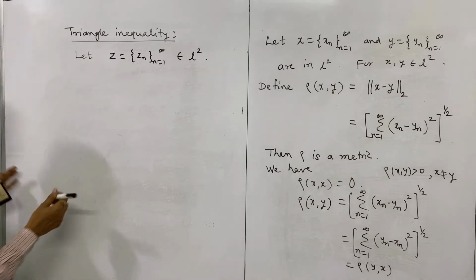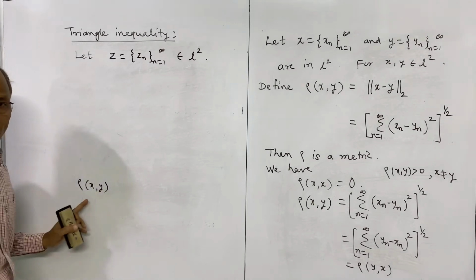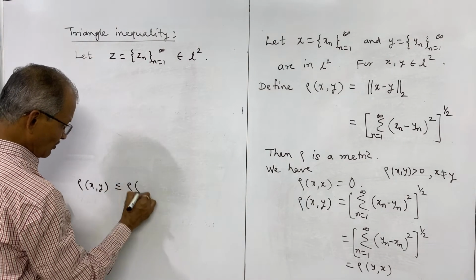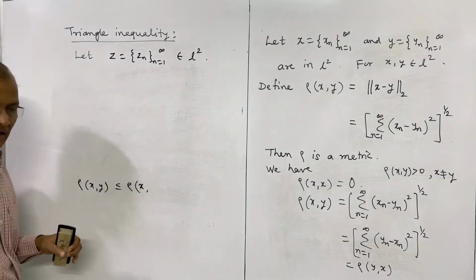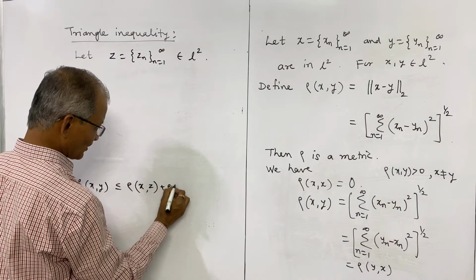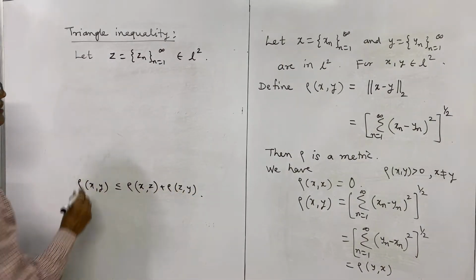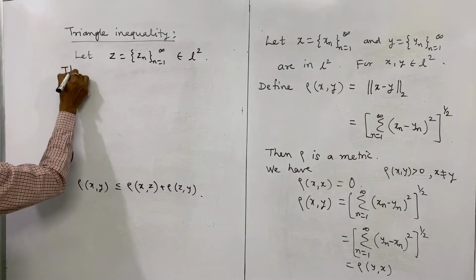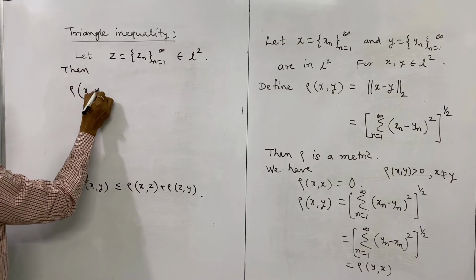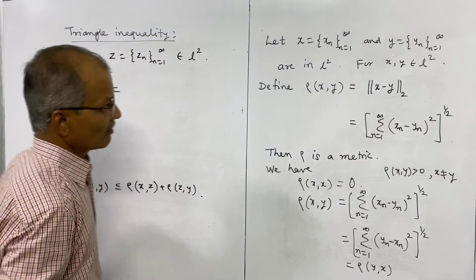We know this is the triangle inequality: rho of x and y, the direct distance from x to y, is always less than or equal to the distance via z, that is, distance of x to z plus distance of z to y. Now we will consider the left side as rho of x and y. By definition, this is the norm of x minus y.